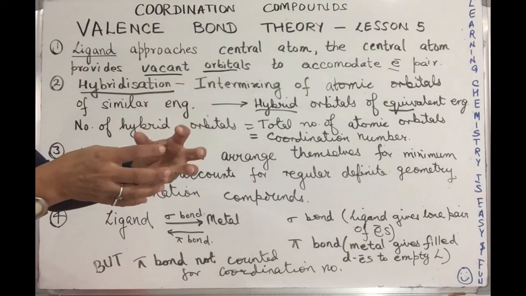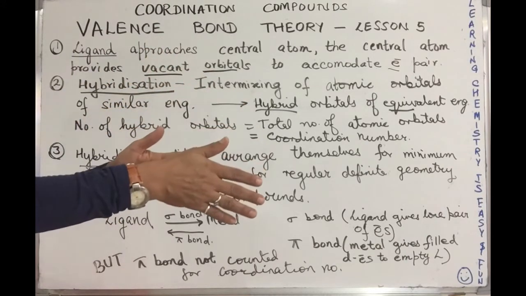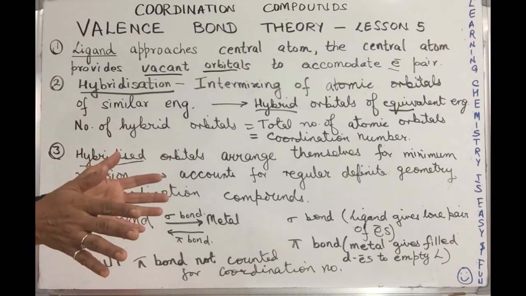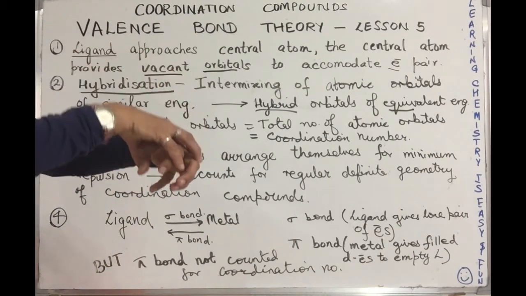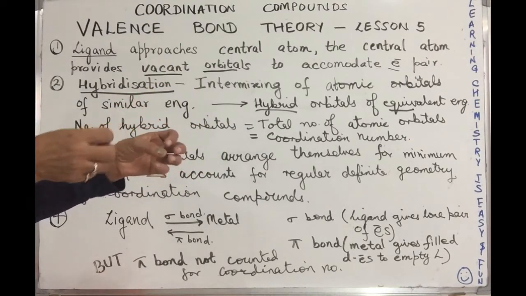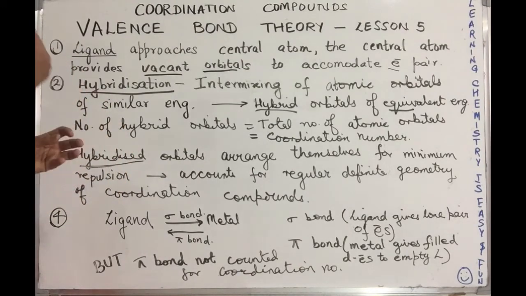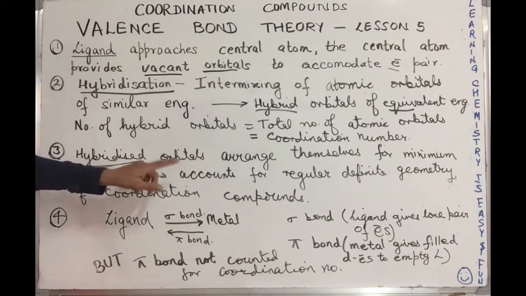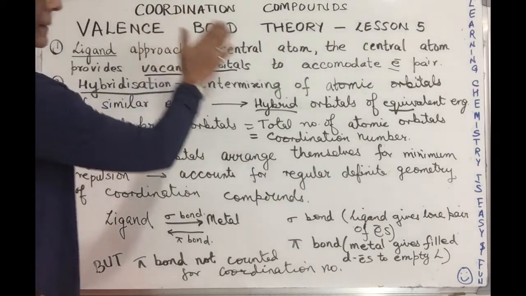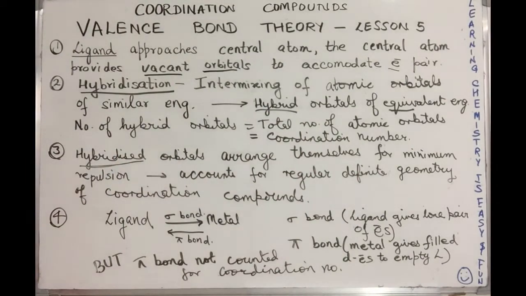Now, this atom A will try to keep all the ligands happy and keep them away as much as possible so that it can accommodate them around itself, but at the same time they don't fight with each other. So there is minimum repulsion between them, and that explains why coordination compounds have regular, definite geometry.